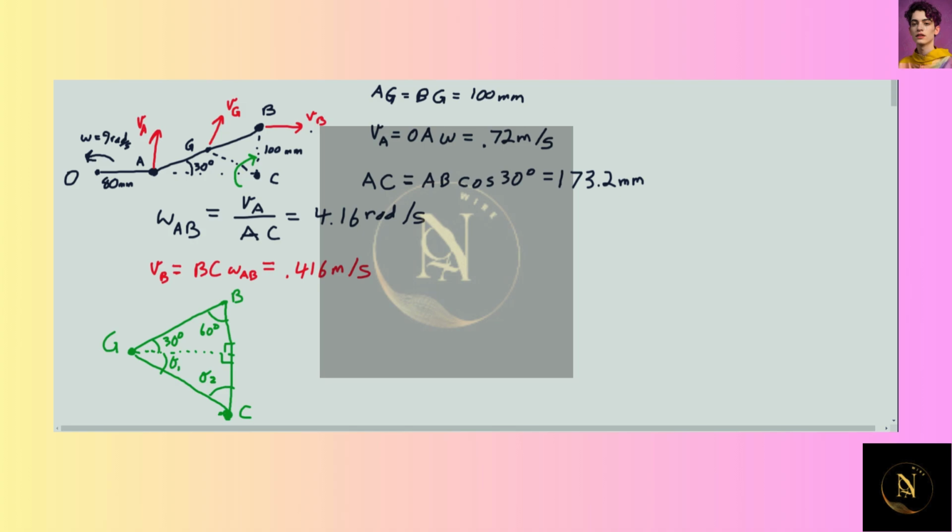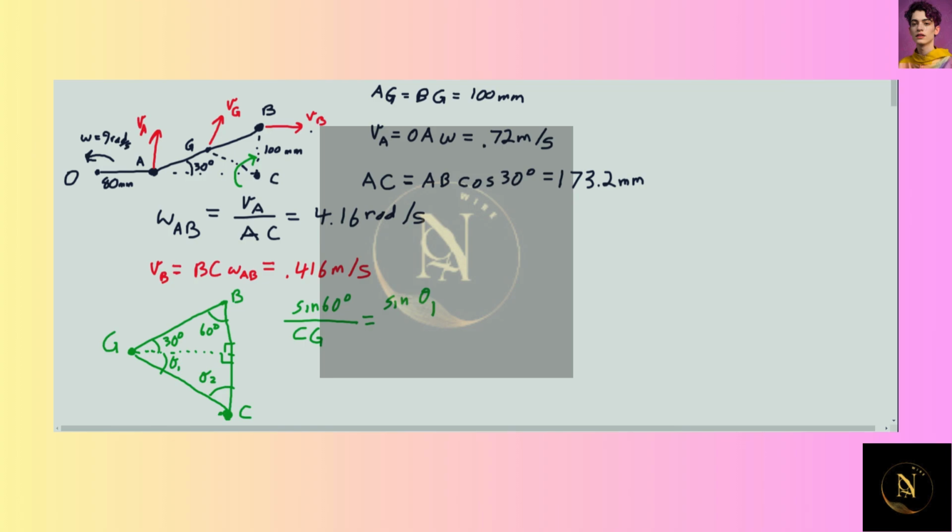So if we take the sine of 60 degrees over CG, the length CG, which we don't know yet, that has to equal the sine of theta 1.